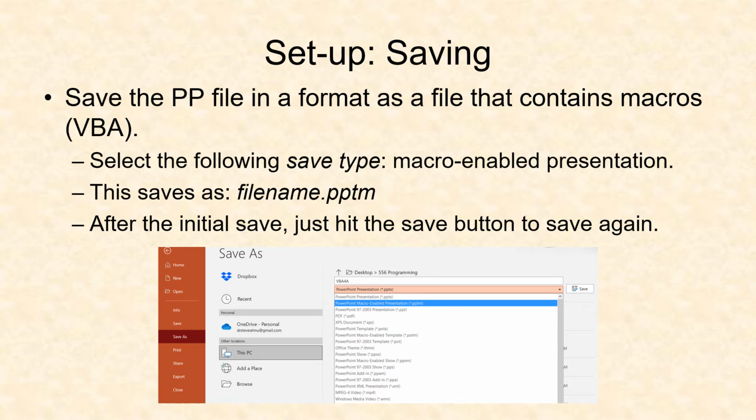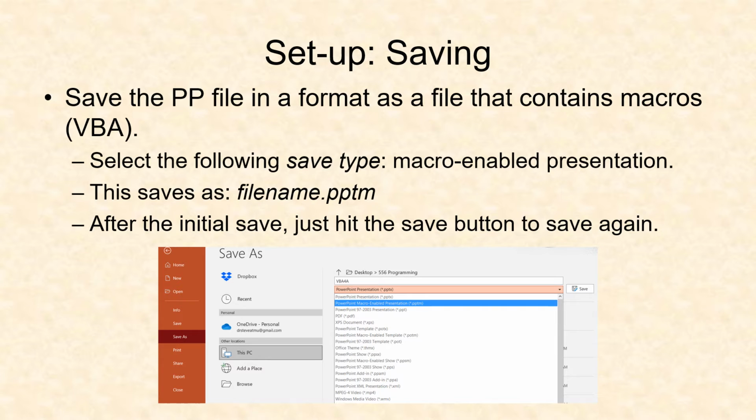One procedure that is going to be different when you're creating some VBA scripting within PowerPoint is you're going to have to save it as a special file type. So I suggest as soon as you create a new PowerPoint file, save the PowerPoint file as a file that contains macros, in other words, VBA scripting, right at that point.